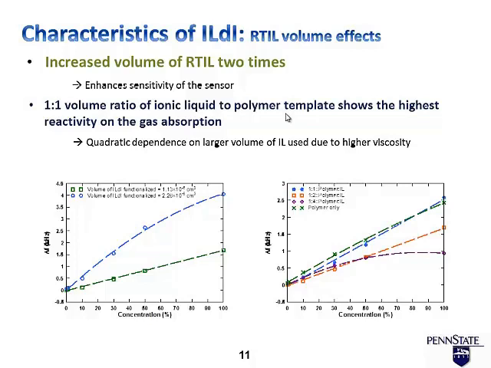And in the other case, four pixels are functionalized with the same total volume of the sensing material, but different ratio between polymer and ionic liquid. When a different ratio is used, the sensor demonstrates a different sensitivity towards the same analytes.